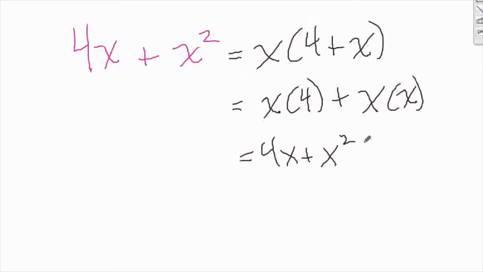You see that? So this is a very important process called factoring. You find if there's a common factor in all the terms of a polynomial, of an expression, and then you can pull it out and have a new version of the expression with parentheses. That's a lot of words, so let me do a couple more examples.